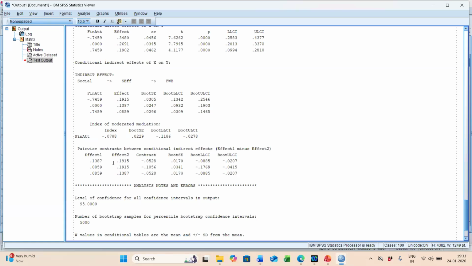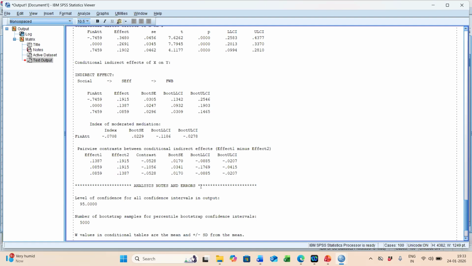That means we have drawn the diagram. In the diagram, you see first of all, the financial attitude is moderating between socialization and self-efficacy. That is considered as moderation 1. And the second arrow, the relationship between the two variables, is considered as moderation number 2. So moderation number 2 is more serious than moderation number 1.